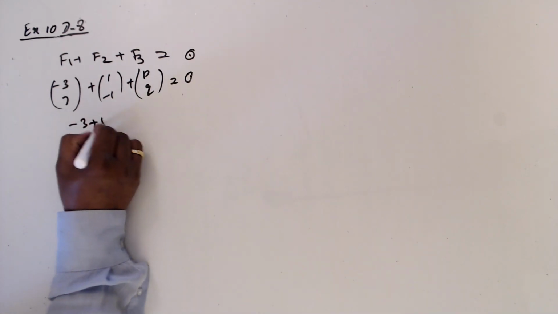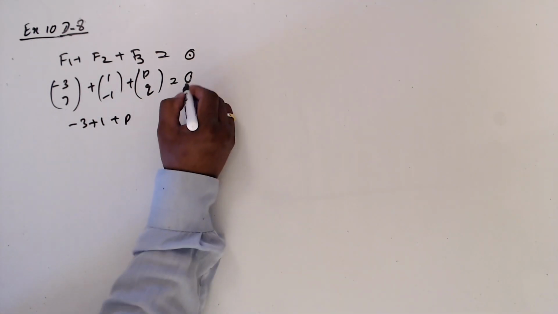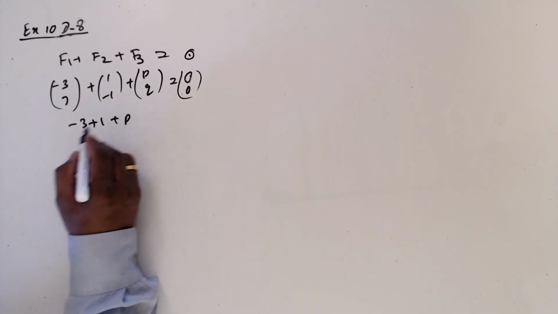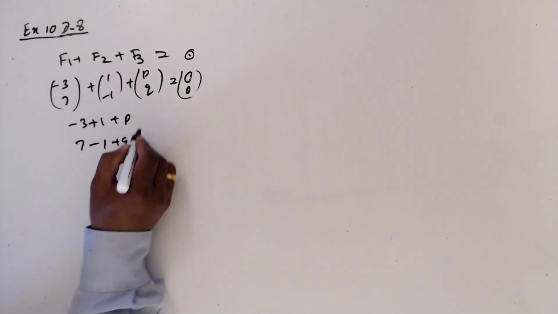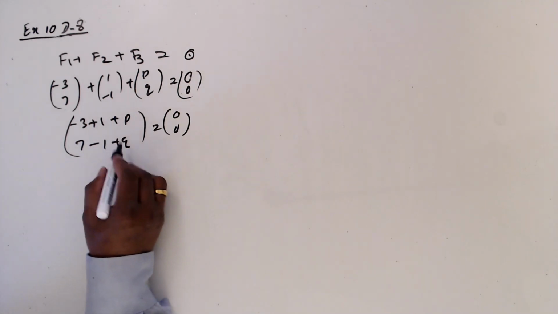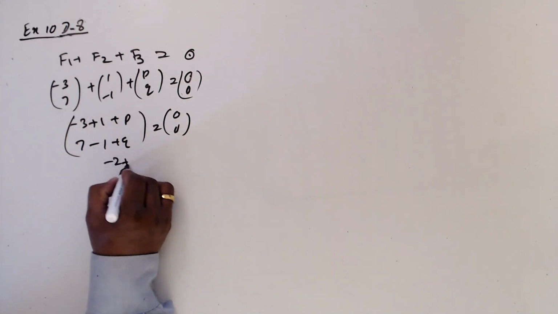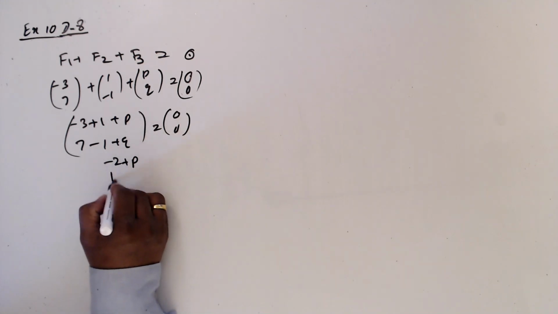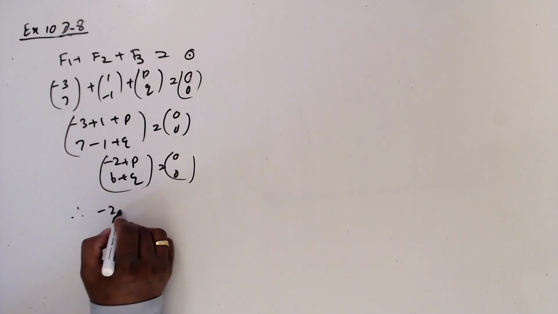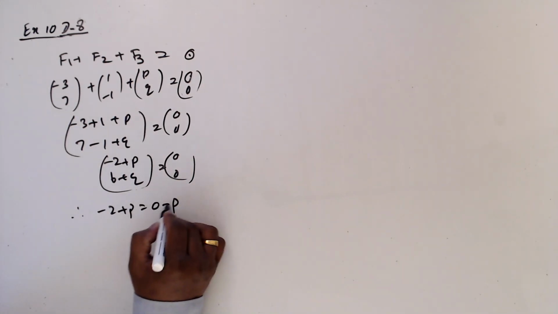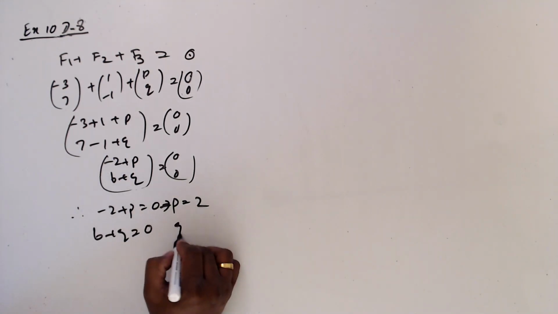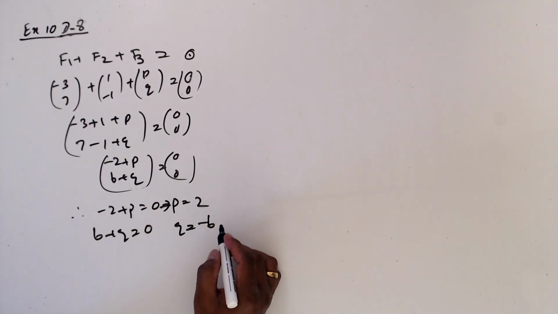So minus 3 plus 1 plus P, and 7 minus 1 plus Q, equals (0, 0). This is minus 2 plus P, and 6 plus Q, equals (0, 0). So 2 plus P equals 0, P equals 2, and 6 plus Q equals 0, Q equals minus 6.